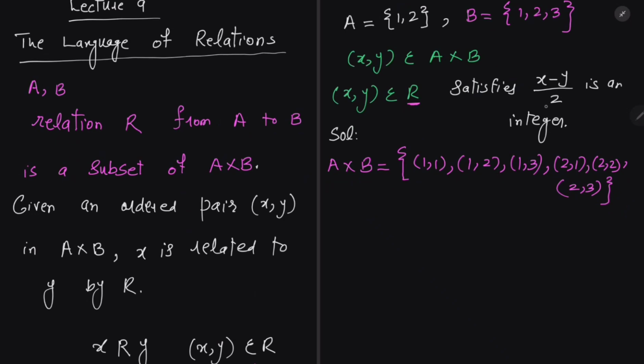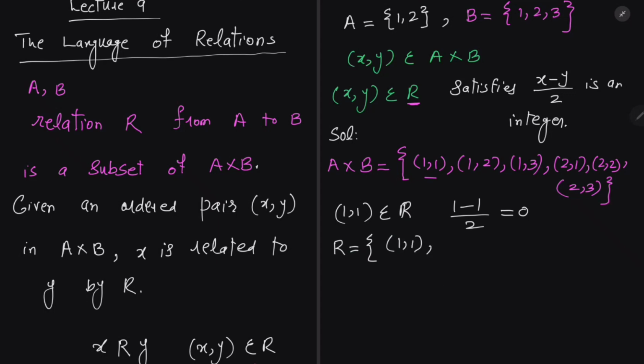Suppose I want to check whether 1 1 is in the relation. First we check 1 minus 1 divided by 2, which is equal to 0, and 0 is an integer. So 1 1 belongs to relation R, and this is the first element.